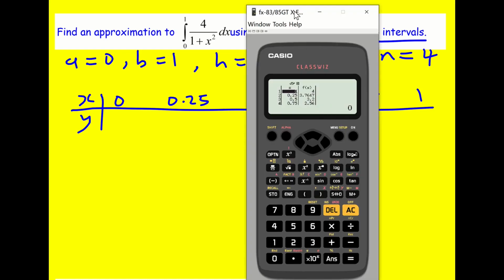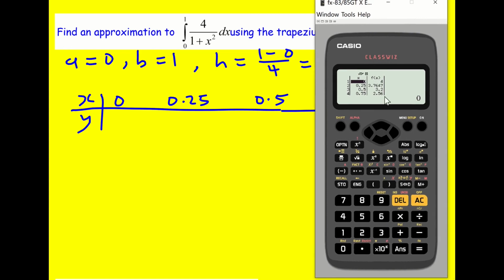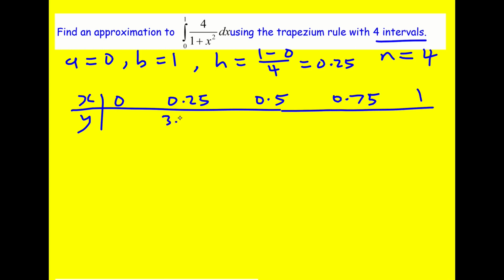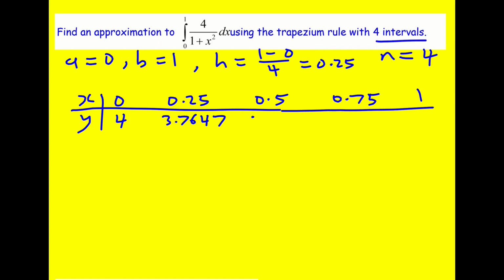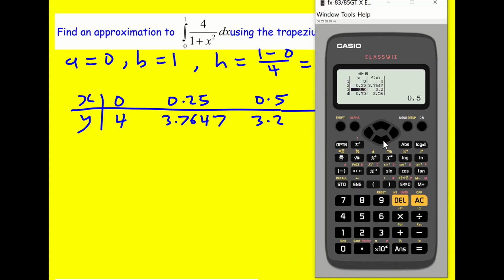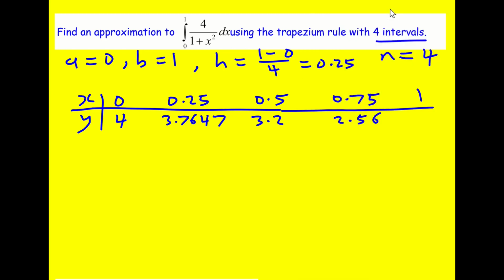I've done this already, so just substitute it in, and I get 4, 3.7647, 3.2, 2.56, and 2. Okay, I may have lost some accuracy with this one. Not sure, or maybe that is exact, not sure.